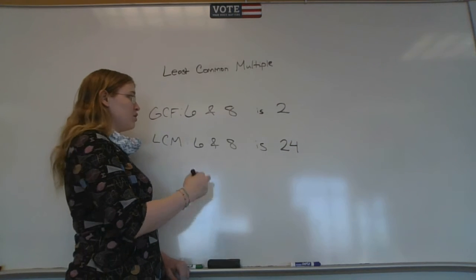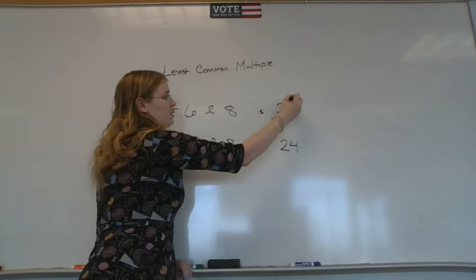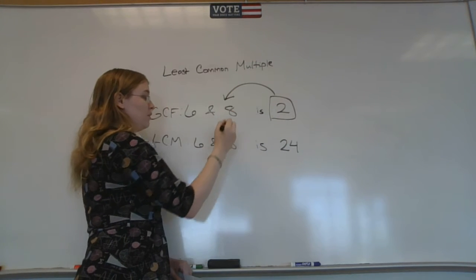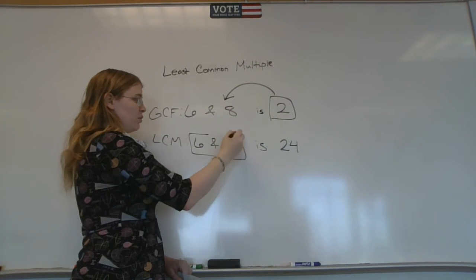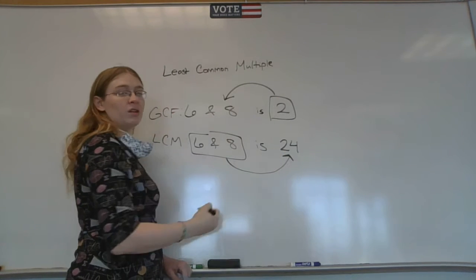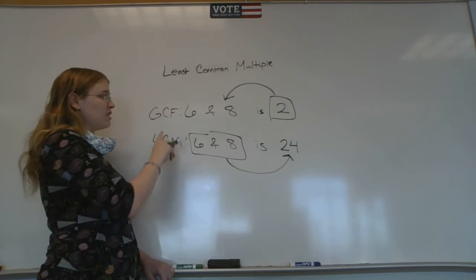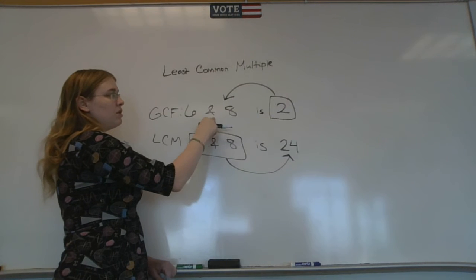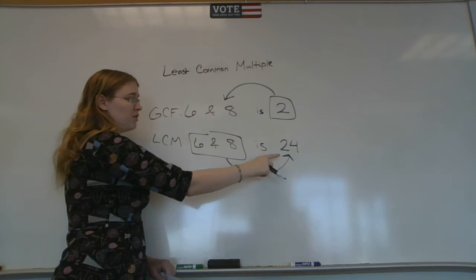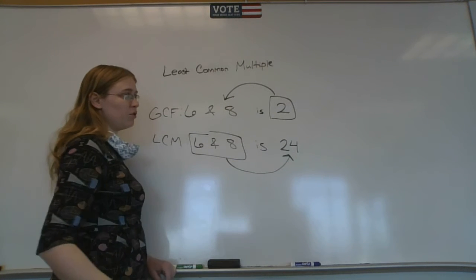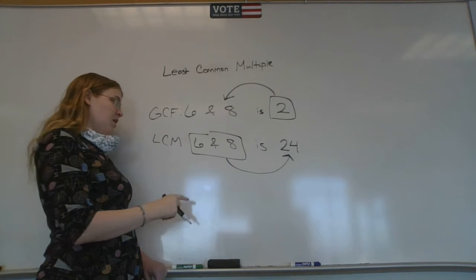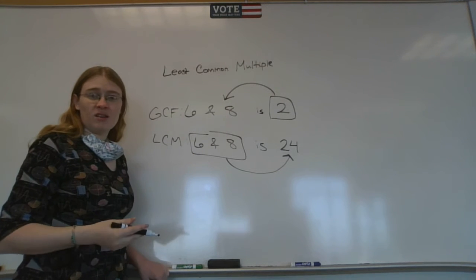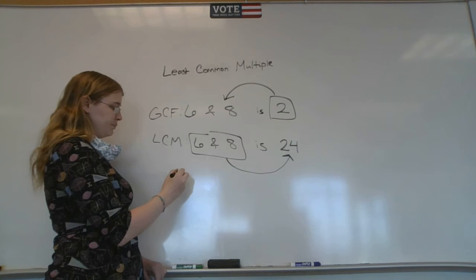Okay? So greatest common factor is the number that goes into them. Least common multiple is the number that they go into. Greatest common factor, you're looking for the biggest number that goes into them. Least common multiple, you're looking for the smallest number that they go into. And you can get that essentially by starting to list multiples.